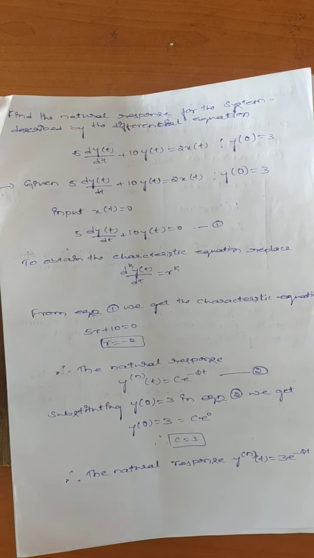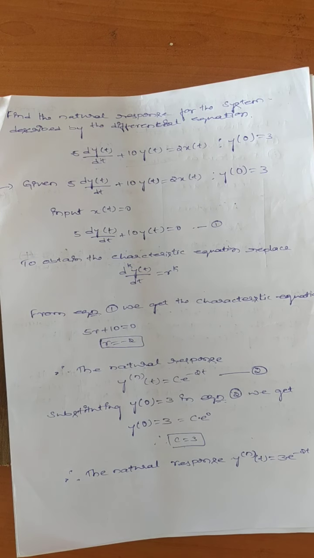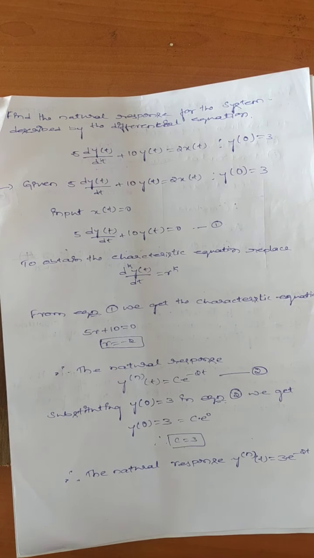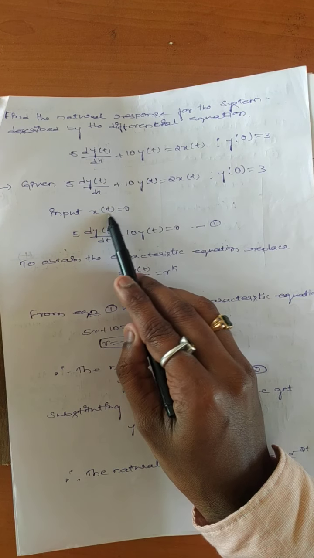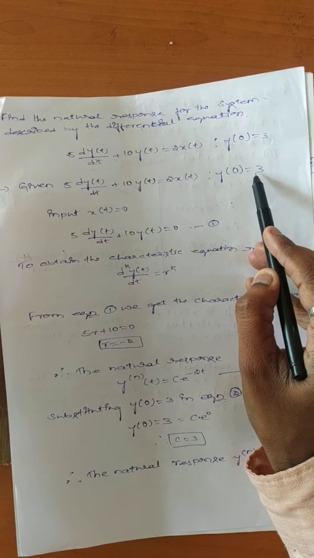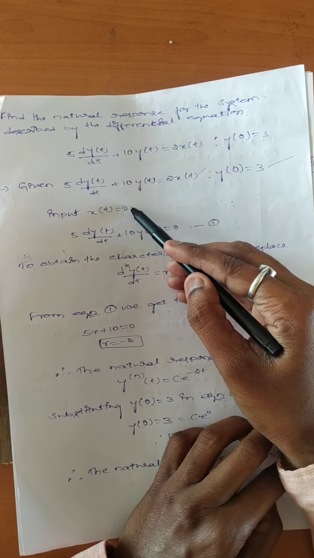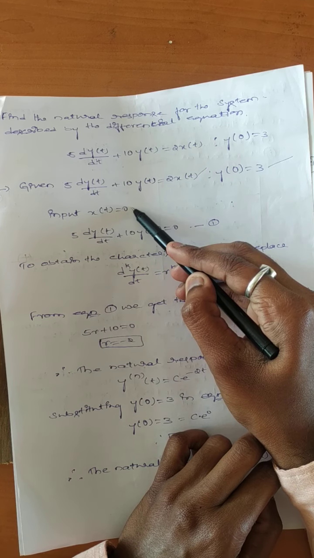The given data is 5 into dy of t by dt plus 10 into y of t is equal to 2 into x of t. In order to get the natural response, we have to make the input 0. Look at this, x of t is equal to 0 and y of 0 is equal to 3 is the initial condition. The input x of t should be 0 if you want to get the natural response.